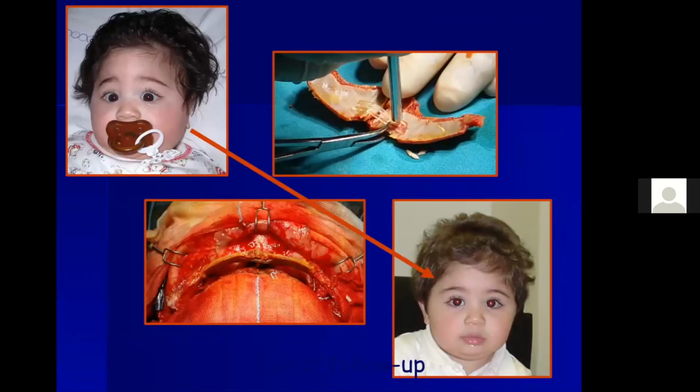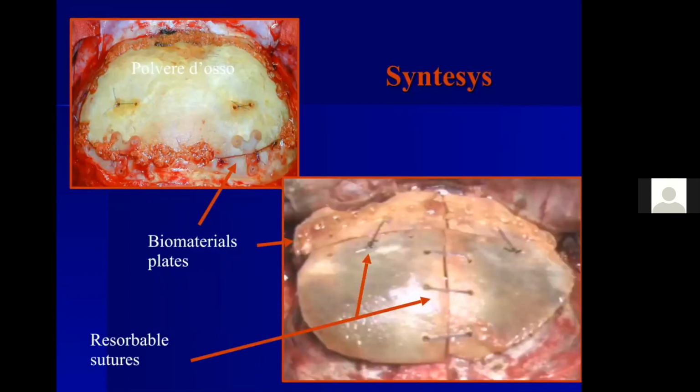We use, in this case, of course, the resorbable plates that we put inside, and normally in 18 months, it's completely resorbed. And here you can see the intraoperative reconstruction of the orbital ridge. And this is the preoperative image and postoperative image with a good result.